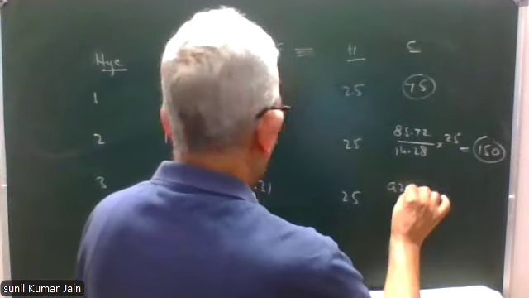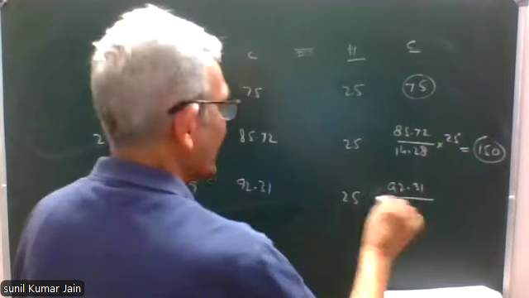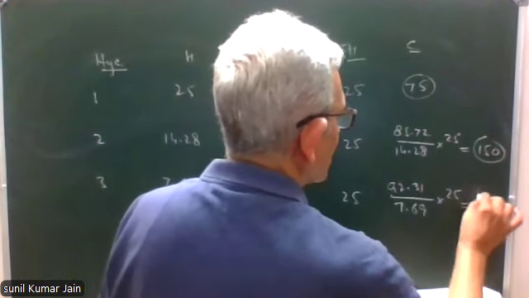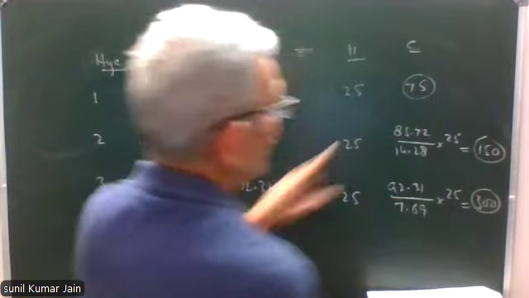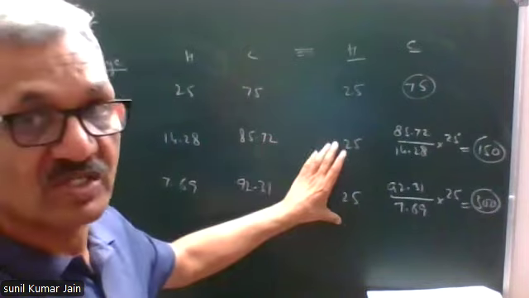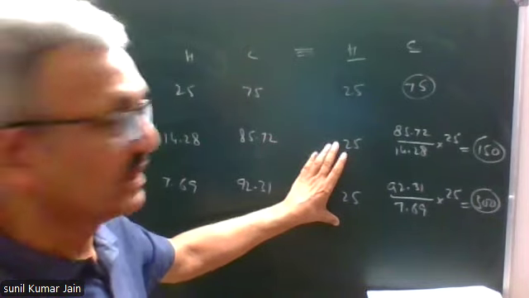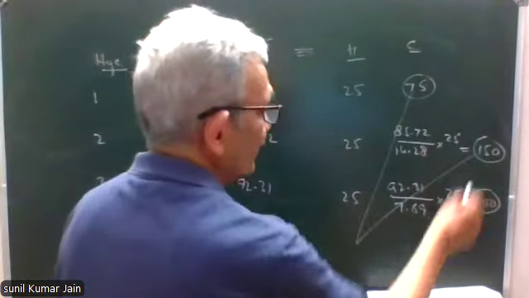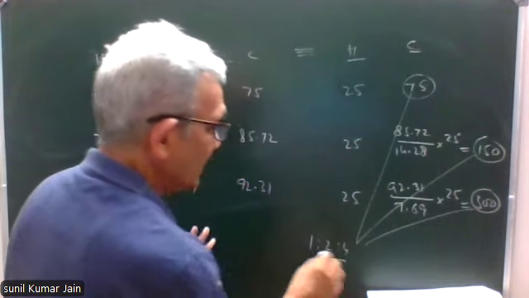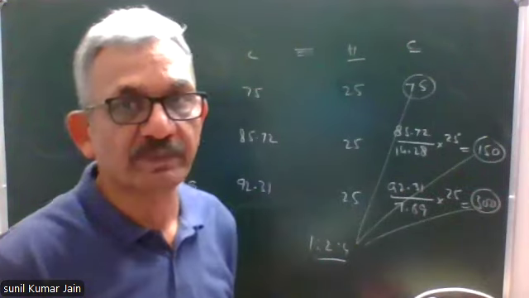So 92.31 divided by 7.69 into 25. This will come out to 300. Ratio of these different masses of carbon which combine with same mass of hydrogen is a simple whole number ratio. This ratio will come out to 1:2:4, and therefore proves the law of multiple proportions.